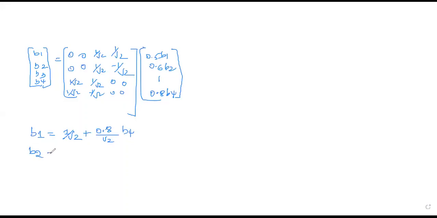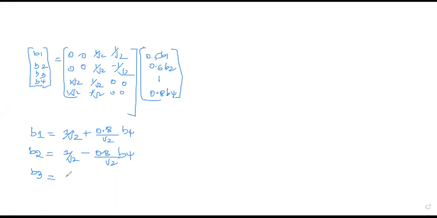Similarly, write for B2 now. If you consider B2, it is 0 into 0.5, 0 into 0.6, and this will be again 1 by root 2 minus 0.8 by root 2 B4. And if you consider B3, it is 1 by root 2 into 0.5, 1 by root 2 into 0.6 B2.